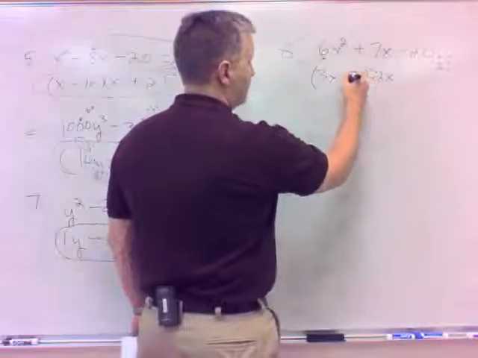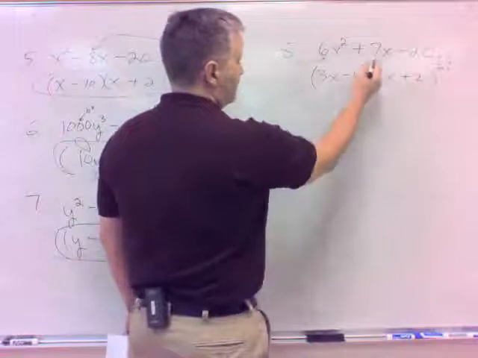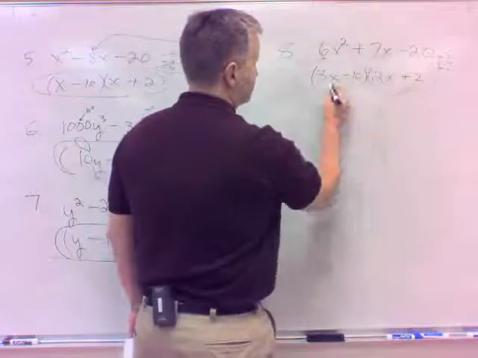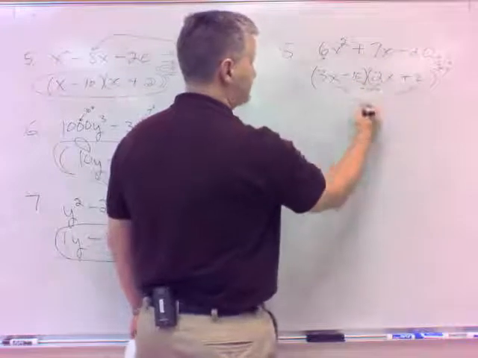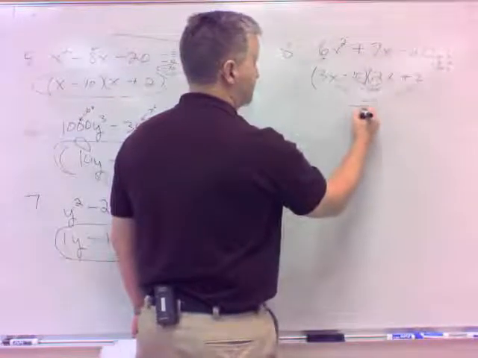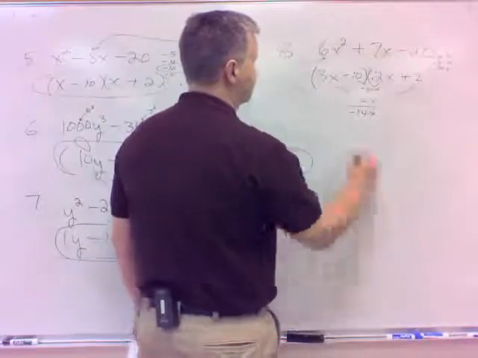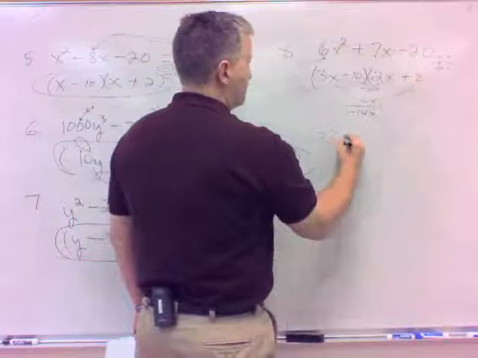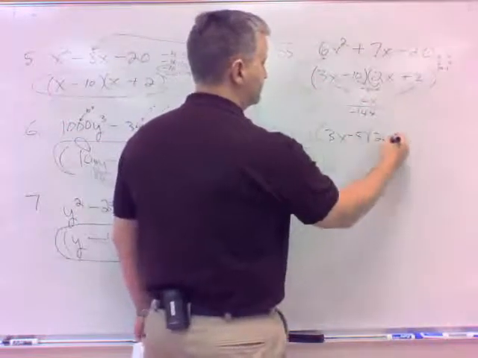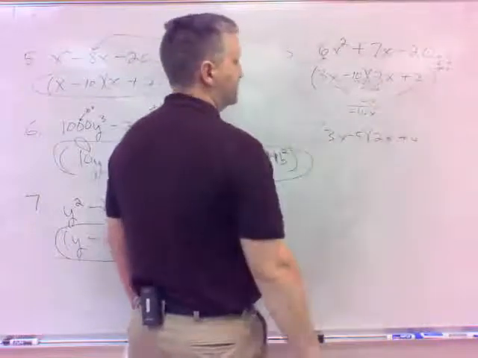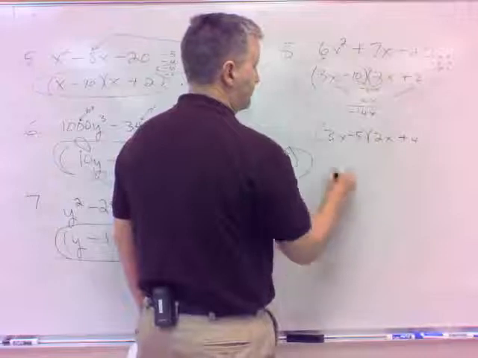If I try, like, a negative 10 and a positive 2 here, to get it to be 7, what I'm going to have to check is this times this is 6x, this times this is minus 20x. Those would have to be the negative 7x if this is going to work, but that's not a go there, is it? So I have to try others. 5 and 4. Of course, I could reverse those, do all sorts of things, do the 2 here and the 10 there, but I think it's going to have to be a 5 and a 4.